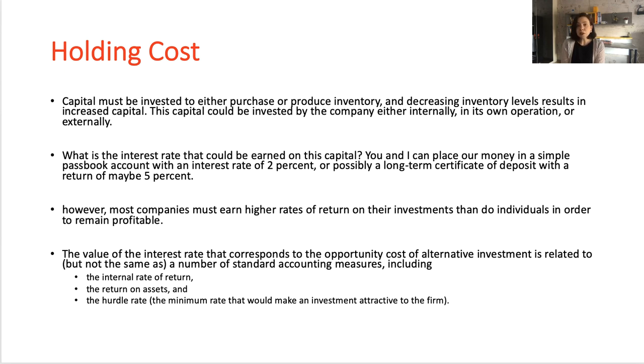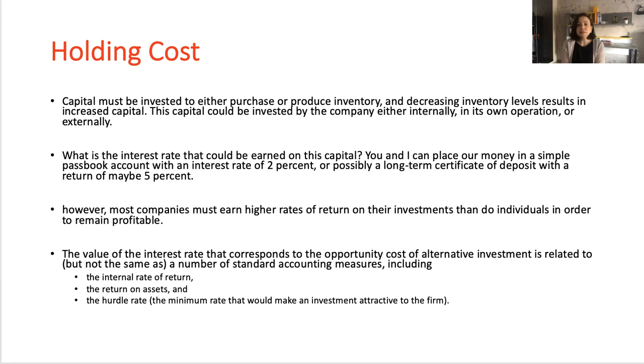However, companies must earn higher rates of return on their investments when compared to individuals, because companies should remain profitable. And when companies do not invest in inventories and make an alternative investment instead, we call this return the opportunity cost of alternative investment.